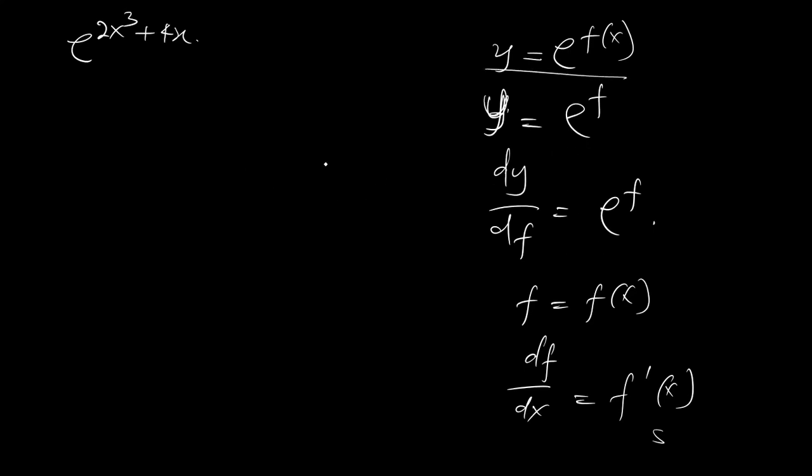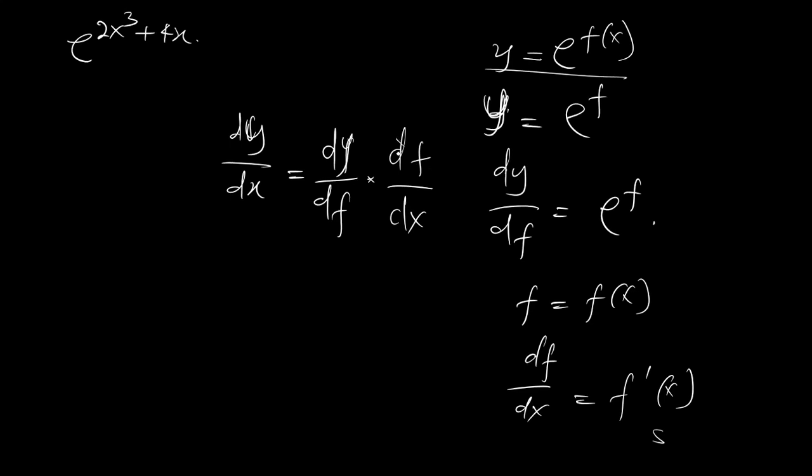Now the derivative of y with respect to x, which is what we're looking for, will be the derivative of y with respect to f times the derivative of f with respect to x, because this will cancel out this. So the derivative of y with respect to f is e to the power f of x.